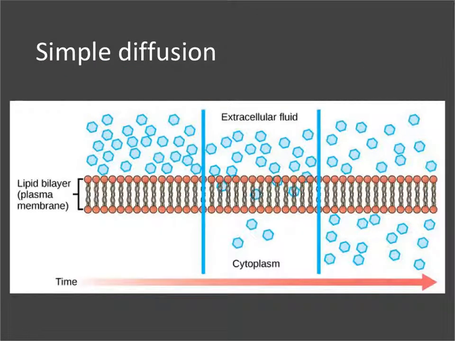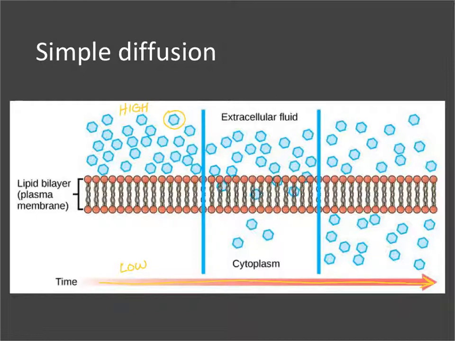This picture is showing you simple diffusion happening across the cell membrane. So you can see in the picture that we're kind of looking at what's happening over a period of time here. So we start out with a high concentration of whatever this substance is on one side of the cell membrane, and then a low concentration on the other side.